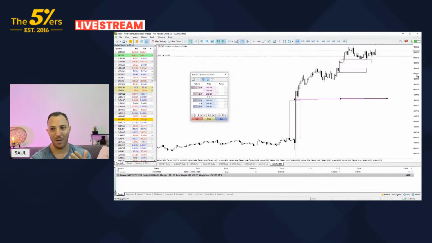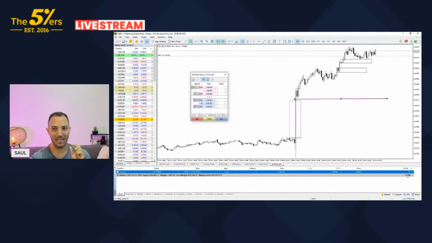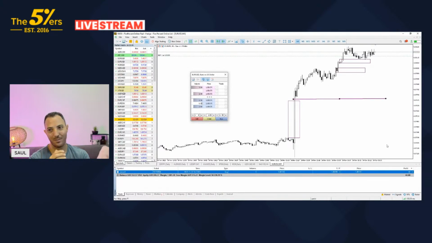So I'm risking now $60 in order to gain $90 more. So I'm taking a good risk reward ratio trade, compared to if I was taking profits right now.